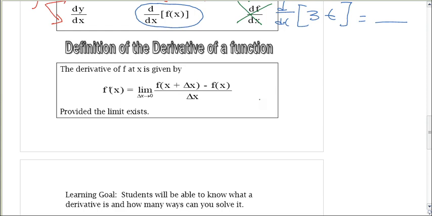So the derivative of f at x is given by, okay, this is called the definition of a derivative function. So this is actually how you find the first derivative. It says basically this: f prime of x is equal to the limit as delta x approaches 0 of f of x plus delta x minus f of x, over delta x. I know it's kind of scary.